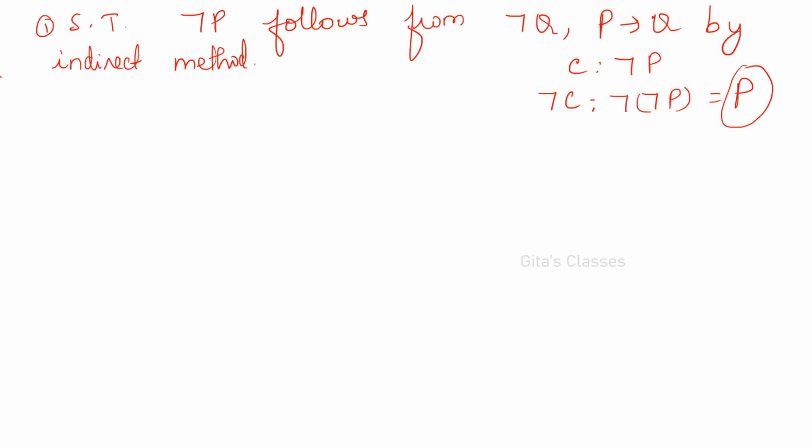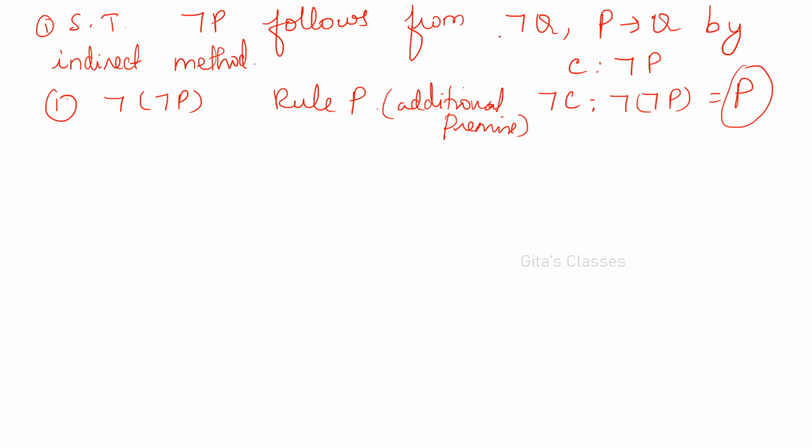So first one, you can write negation of P also as a rule P. But here it is an additional premise. Additional premise. Okay. Second one.